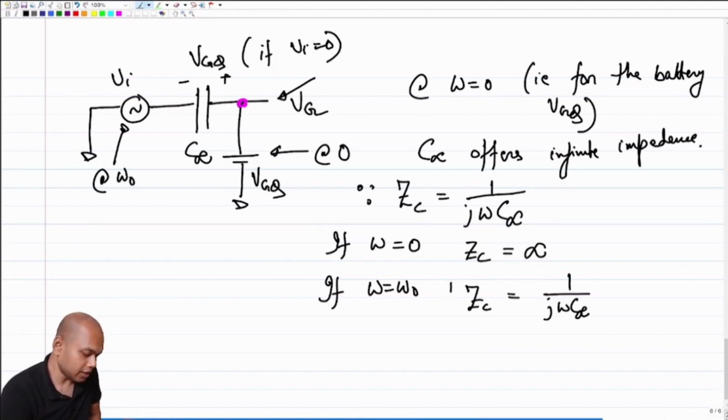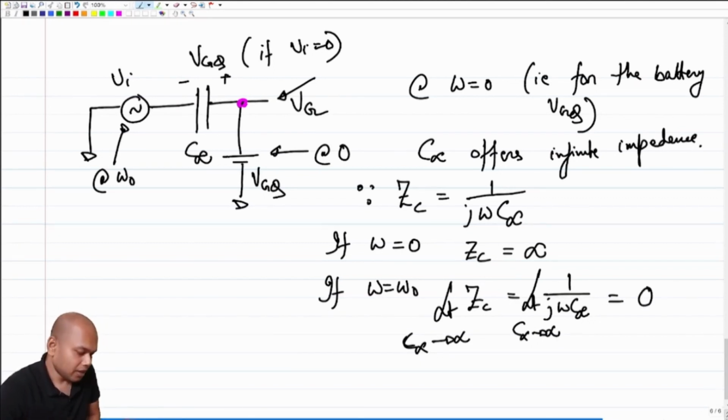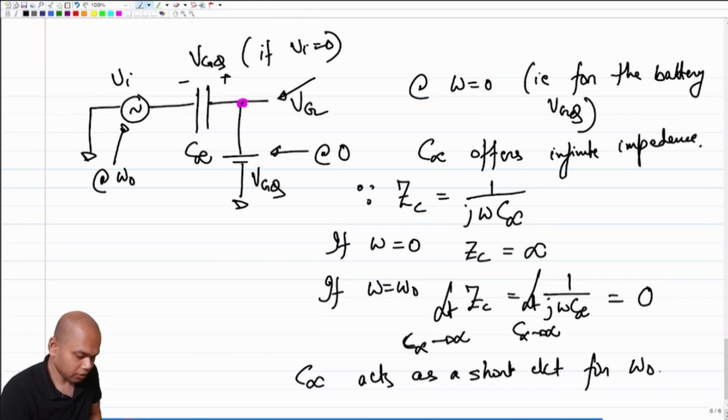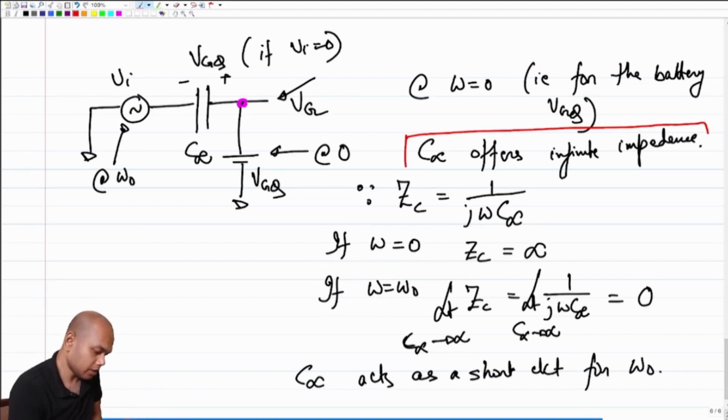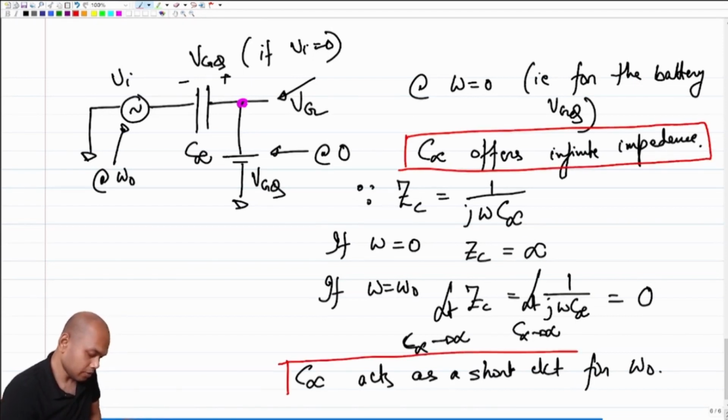And under the condition that C infinity tends to infinity, what do I get? This offers 0 impedance, right? So in other words, C infinity acts as a short circuit for omega naught. Correct? Let me highlight this because these are vital conclusions.